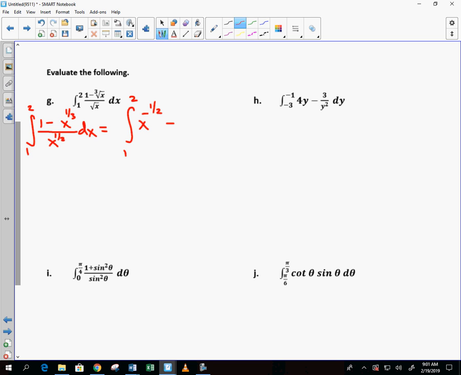When you're dividing, what do you do to the exponents? Subtract them. So 1/3 minus 1/2 is negative 1/6. So I have minus x to the negative 1/6 dx. What do I do now? Antiderivative. What's the antiderivative of x to the negative 1/2?